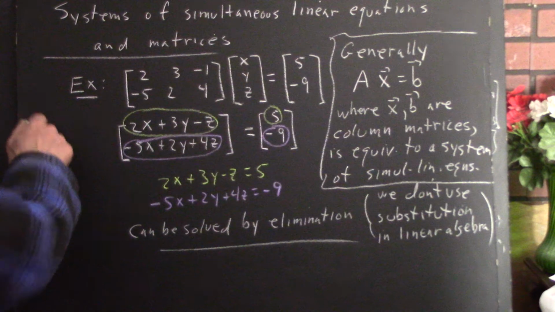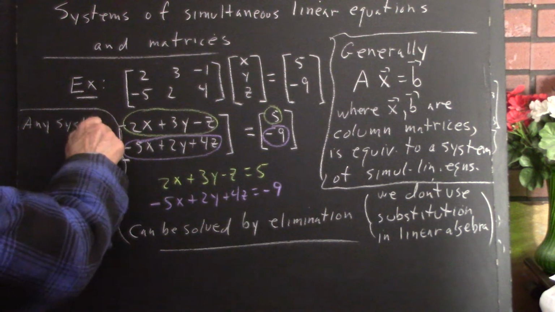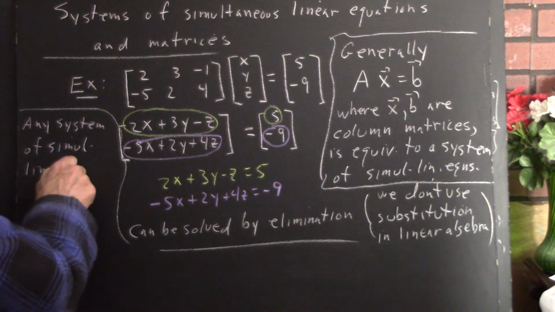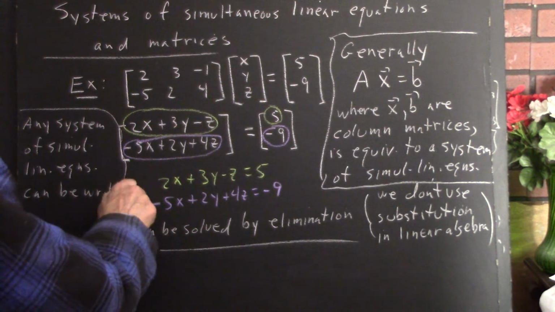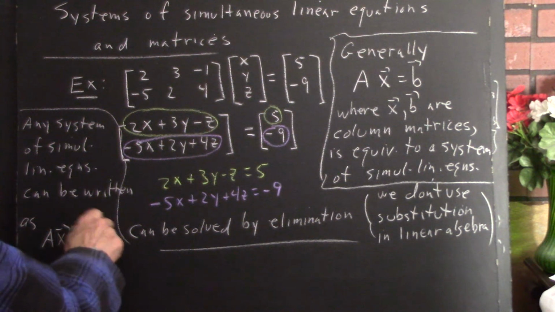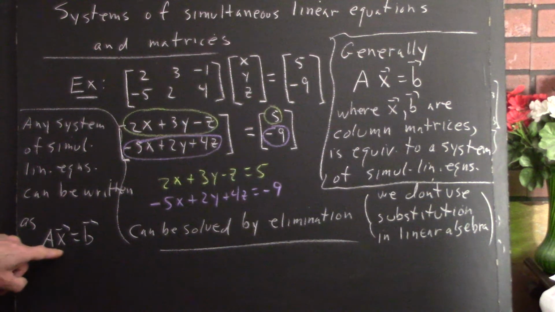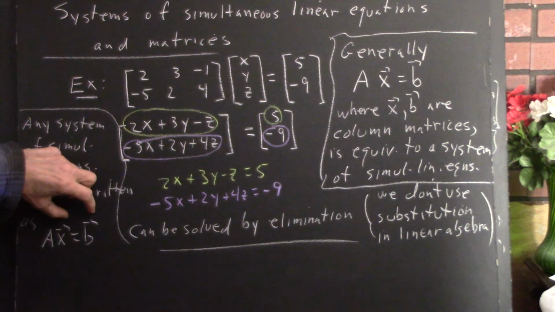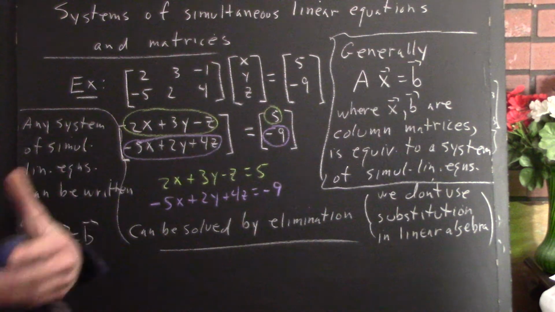So, the other statement: any system of simultaneous linear equations can be written in the form Ax equals b, where the arrow over the x and the arrow over the b indicate that these are column vectors. Column matrices, but we're going to call those vectors.